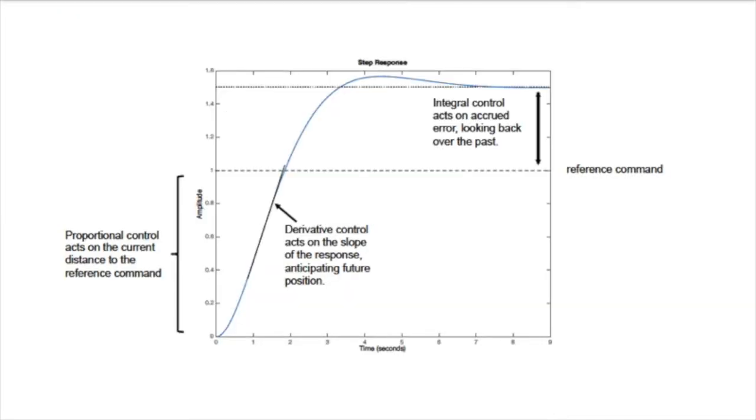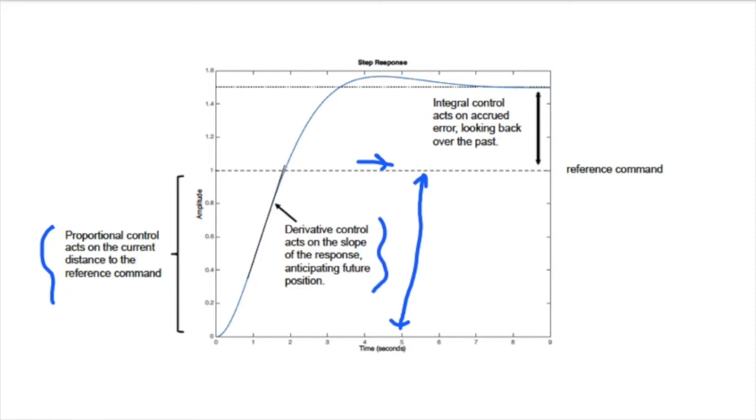Again, let's see how those 3 controllers are acting. This first part, that's the Y reference here. The proportional controller acts on the distance from the reference command, how far you are from it, so it pushes you towards the reference command.